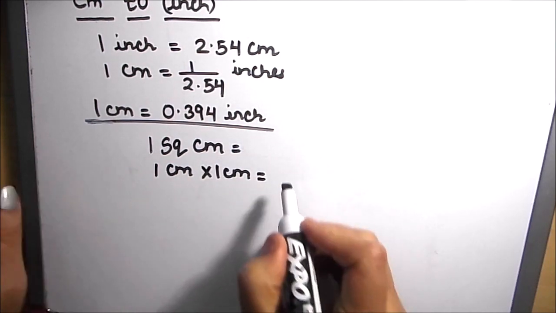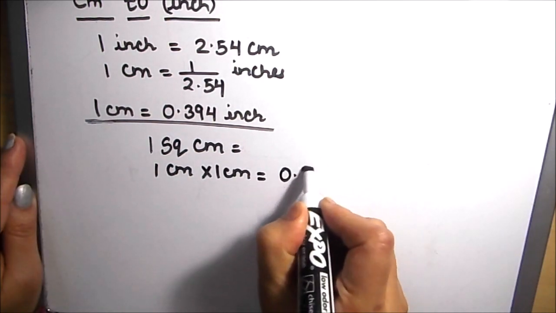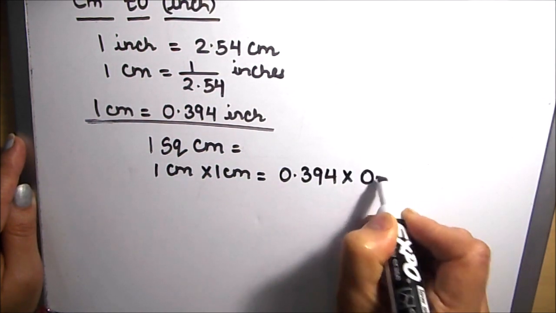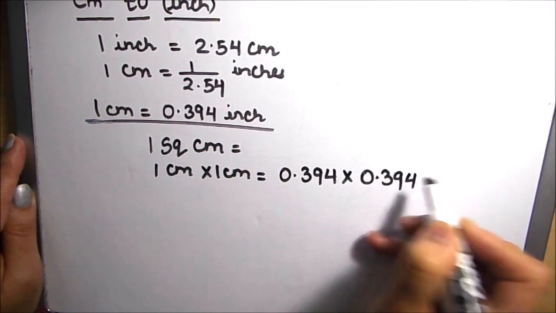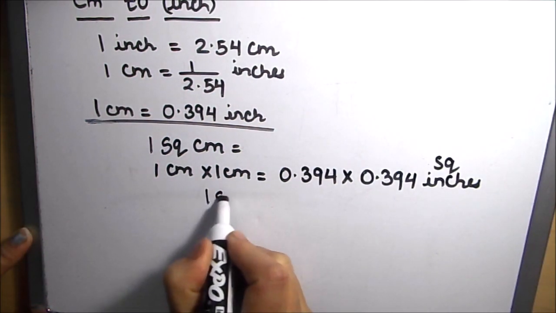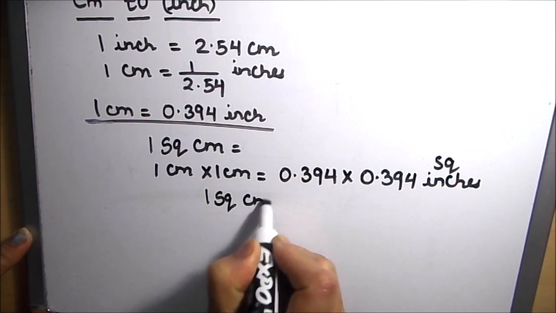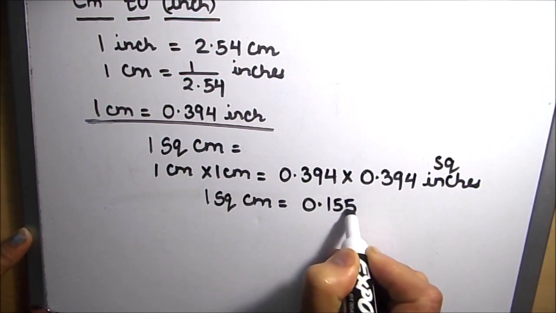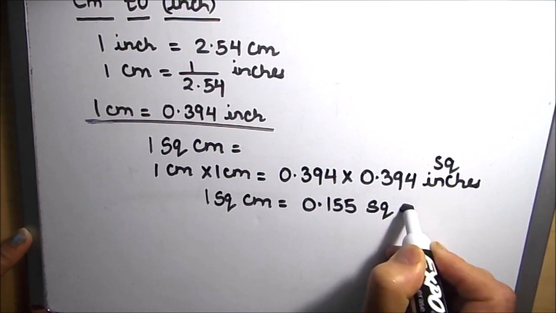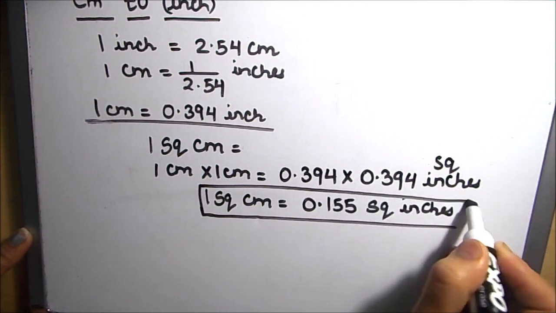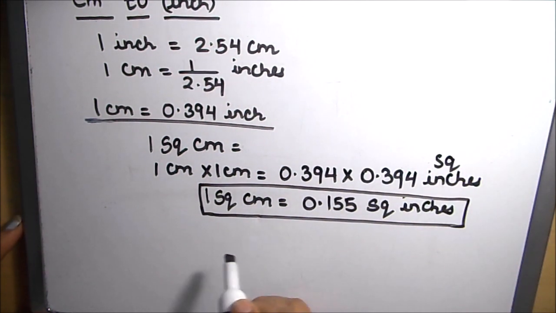So this will become 0.394 times 0.394 square inches. So our conversion factor is 1 square centimeter is equal to 0.155 square inches. This is the direct conversion factor we can use to convert from square centimeters to square inches.